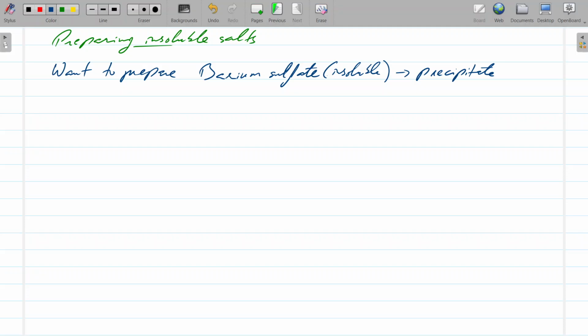So what you do is take two salts that would give you barium sulfate. You can start off with barium chloride, for example, and you can mix it with sodium sulfate.